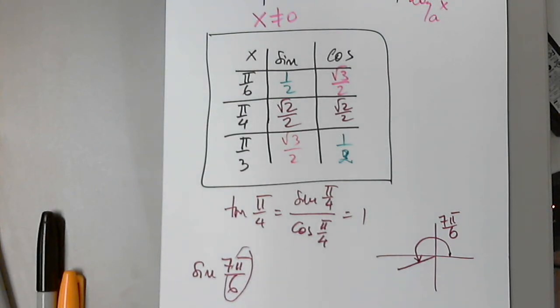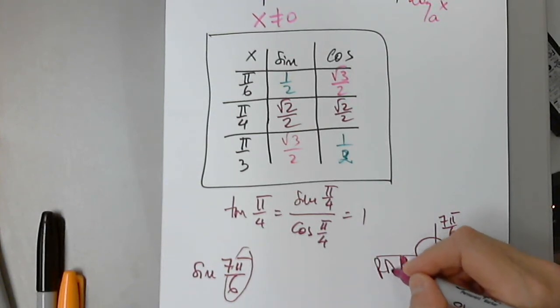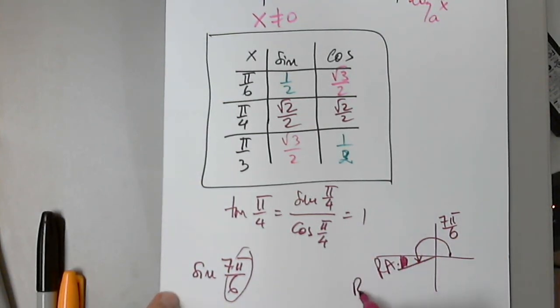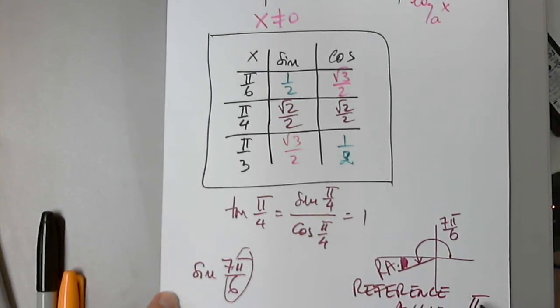And it ends in the third quadrant, 30 degrees over 180. And this is the reference angle, RA, reference angle, which is pi over 6. But sine, if you remember, sine is measured above the x-axis, positive, on the y-axis.